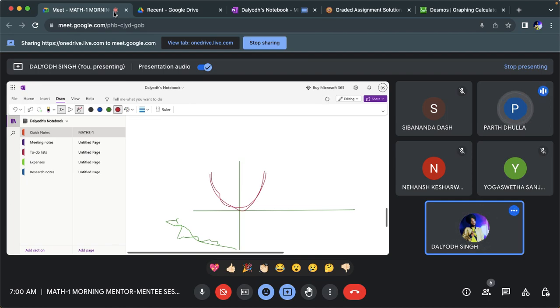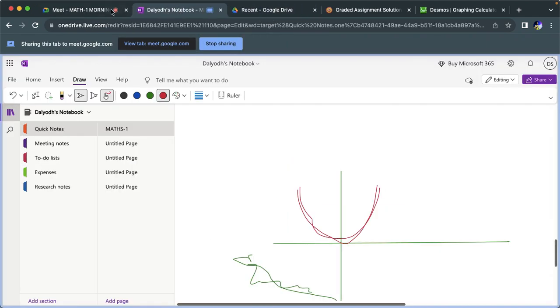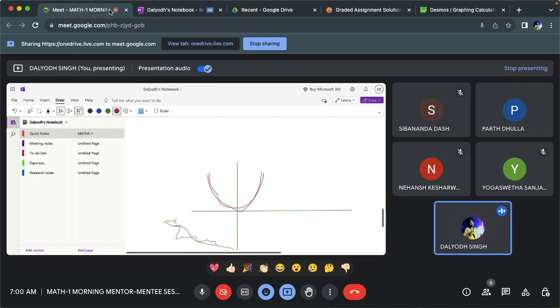With the quadratic function, we have an axis of symmetry, which is like a mirror.